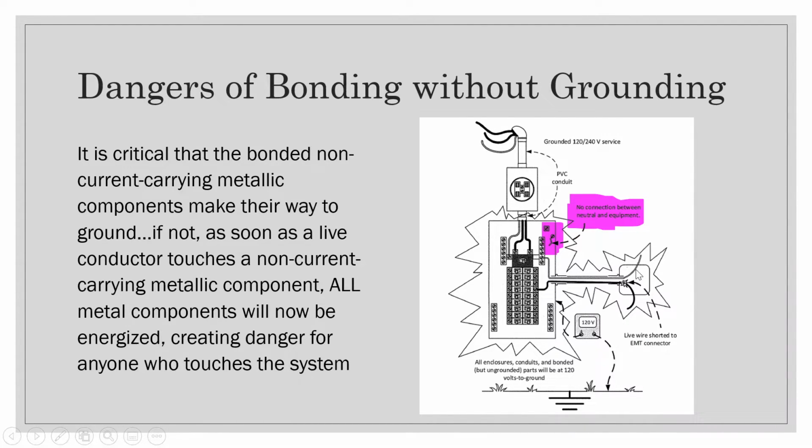Or if they touch the EMT, 120 volt shock. If they touch any sort of metallic components, they're going to be shocked. So it's really important, because the bond is absolutely useless, and actually probably more dangerous, if it's not connected back to ground via this bond jumper here.